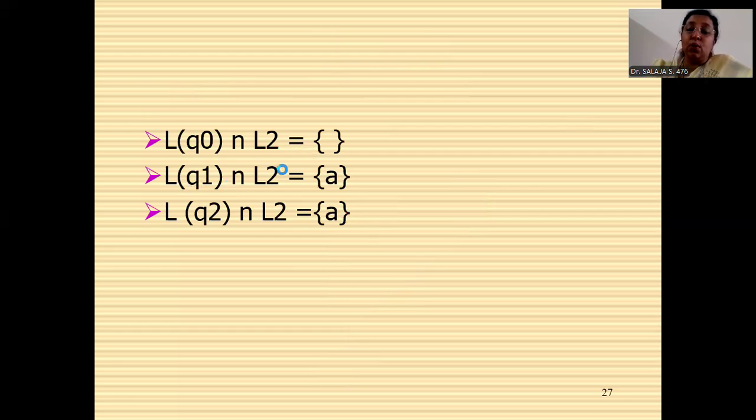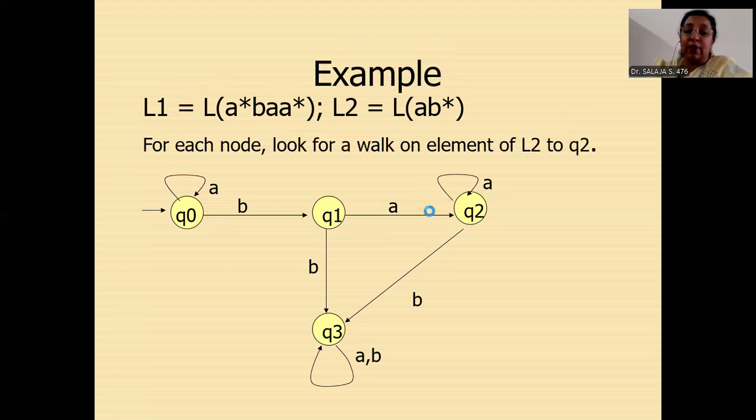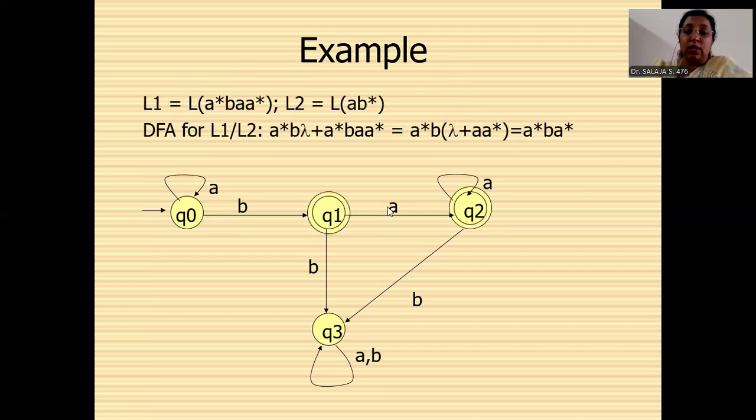Whereas L of Q1 intersection L2 is A, so you have some valid strings in it. And therefore Q1 and Q2 will be considered as final states. That is how it is defined for each node. Look for a walk on at least one element from L2 to Q2, because Q2 is the final state. And those states will act as the new final states. So the new final states are Q1 and Q2.